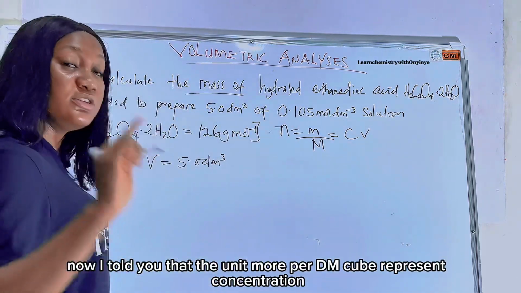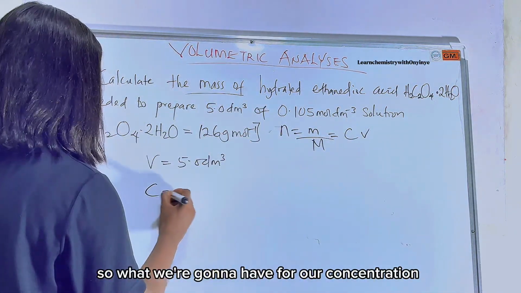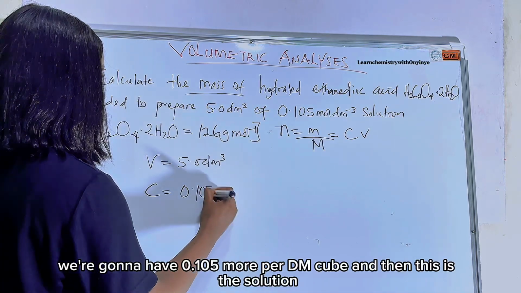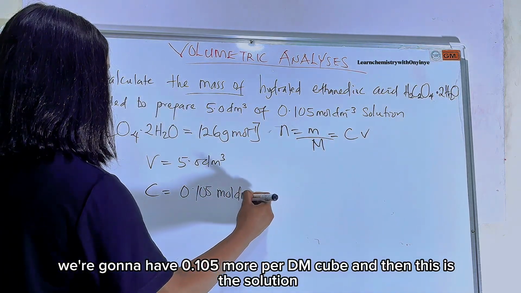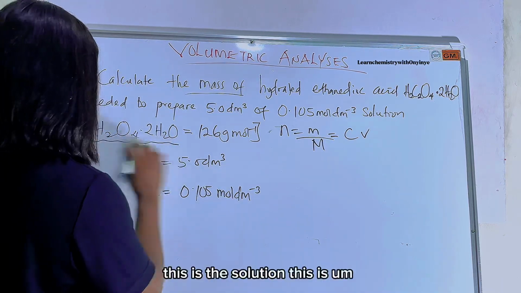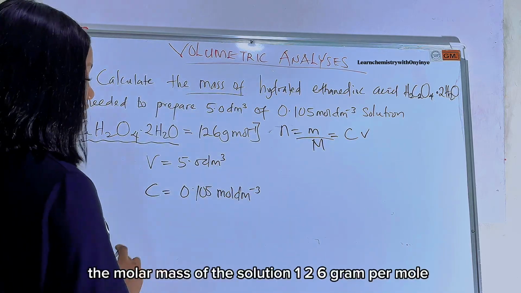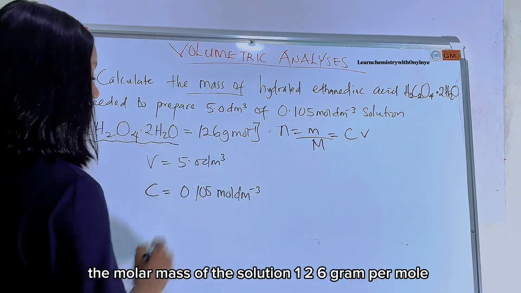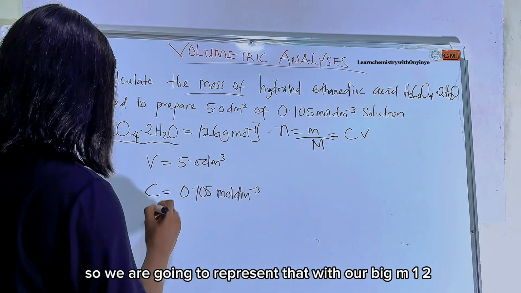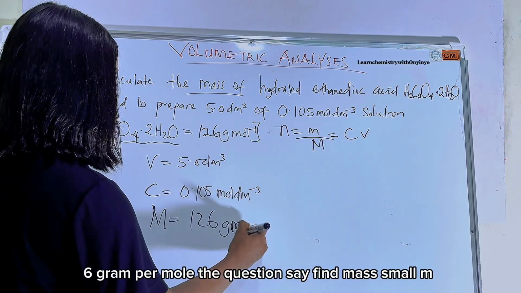I told you that the unit mole per dm³ represents concentration, so for our concentration we have 0.105 mole per dm³. And this is the molar mass of the solution, 126 gram per mole, which we represent with our big M.